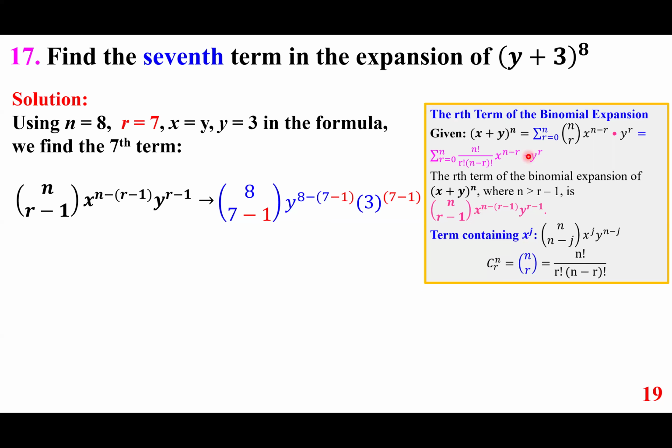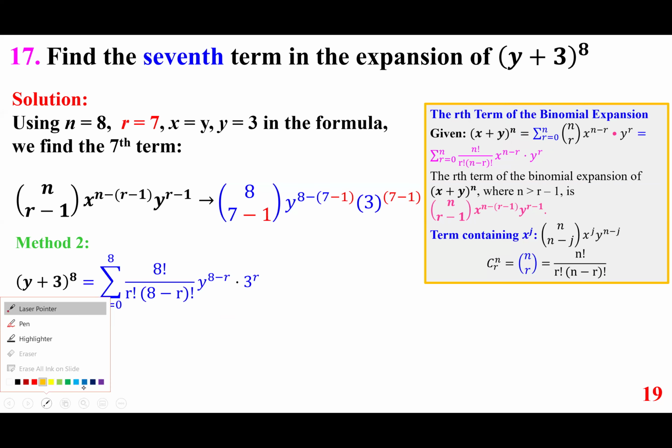So we're going to write this for this case: (y + 3) to the power of 8 is the sum of 8 factorial over r factorial times (8 minus r) factorial, x to the power of 8 minus r, y to the power of r. Now x is replaced by y and y is replaced by 3.